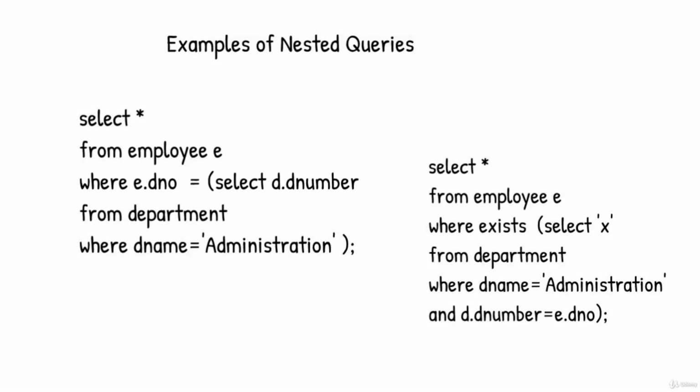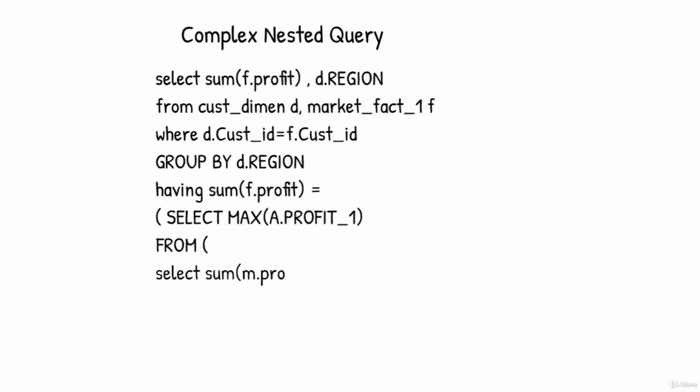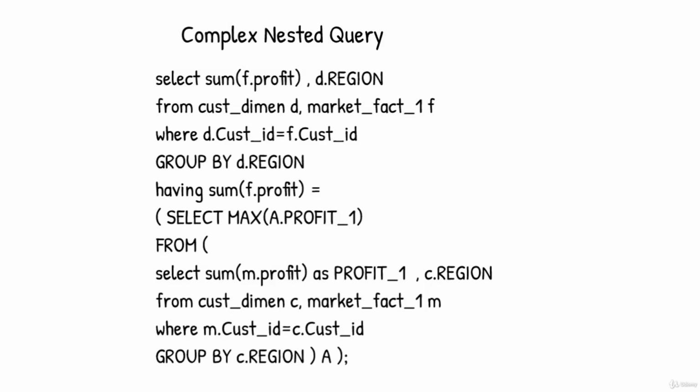The second SQL is exactly the same as the first SQL. The only difference is that it is more efficient than the first SQL, and it is usually used in those applications where it has millions and billions of data. Now this is the complex nested query. This query we are going to study in the upcoming sessions. Here we are joining the two tables, and then we have used the nested queries to fetch the actual data as per the business user.